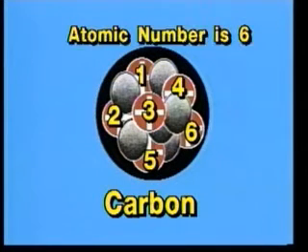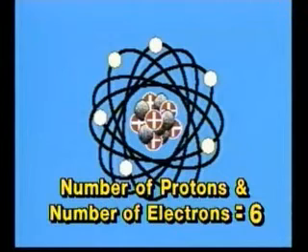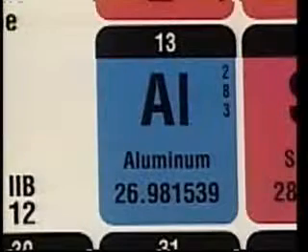Let's look again at the carbon atom, where the atomic number is 6, which indicates that the number of protons in the nucleus and the number of electrons in orbit around the nucleus are both 6. Now consider this.